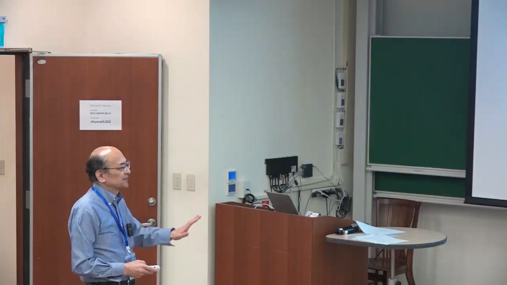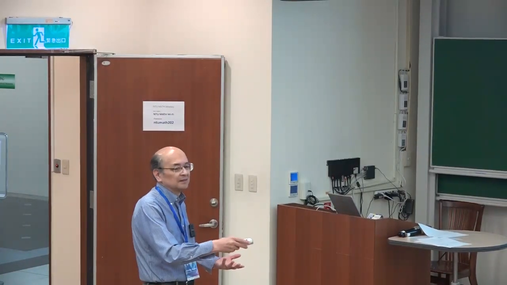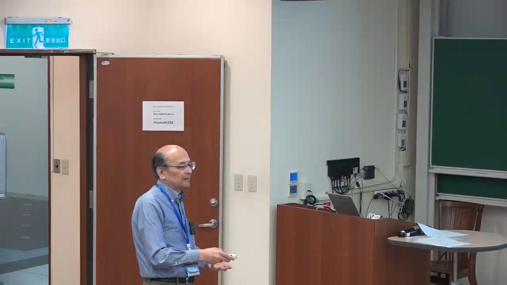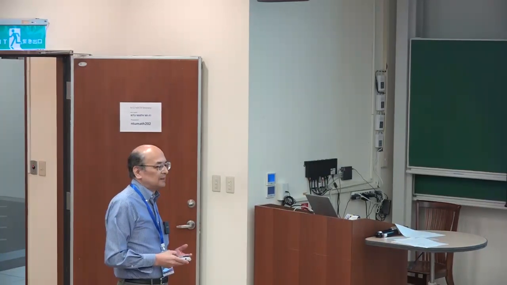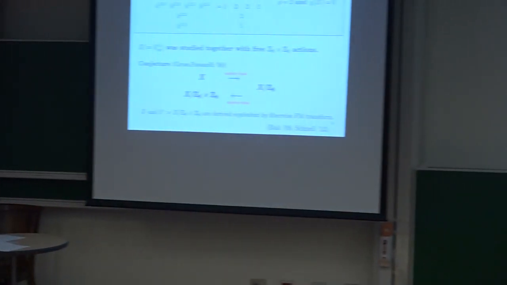Very weak statements. At that time they didn't have a mirror family, so what I'm going to show you is that after constructing the mirror family, this picture can be justified. The statement is not so rigorous, it's very difficult to write in this style.